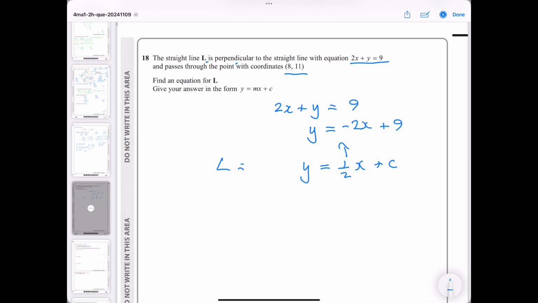But we know the coordinates are (8, 11), so we know 11 equals half times 8 plus c. So 11 equals 4 plus c, so c equals 7. So the actual answer is y equals half x plus 7.